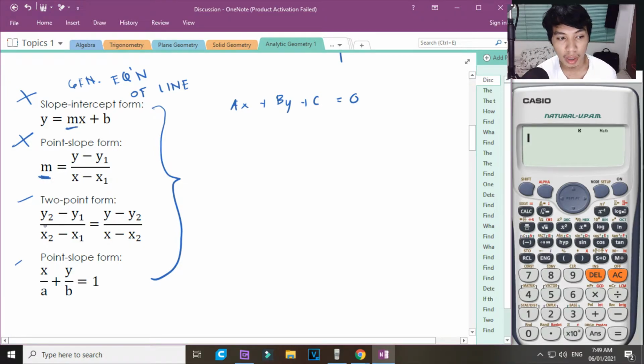Ito, kapag binigay sa'yo yung tigdalawang point, makukuha mo yung general equation. Ito naman, kapag binigay sa'yo yung intercepts. And what are the intercepts? The intercepts, tandaan nyo, are the coordinates kung saan tatama siya at x and y.